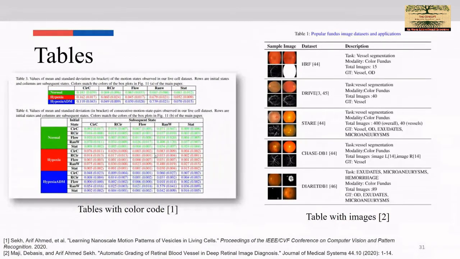Here I have given two examples where a table generator can help you generate unique tables. Maybe you can have some creative presentation of tables. Those are from our recent publications. On the left one, we have used the tables to show color coding. We have three colors: green is normal, red is hypoxia, and blue is hypoxia ADM.